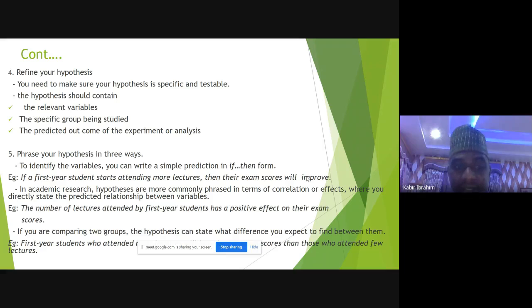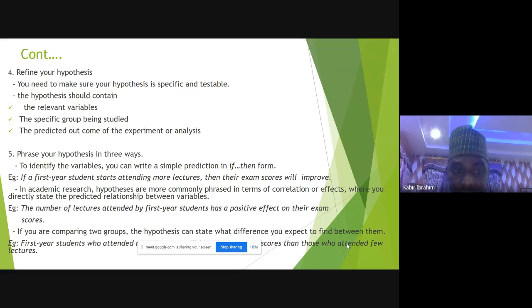For example, the number of lectures attended by first-year students has a positive effect on their exam scores. If you are comparing 2 groups, the hypothesis can state what difference you expect to find between them.